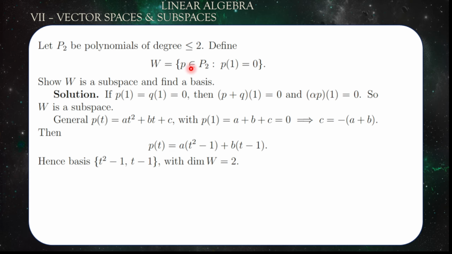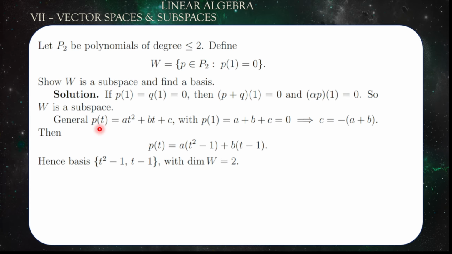If P(1) is equal to 0 and Q(1) is equal to 0, then (P plus Q)(1) is equal to 0, and alpha P(1) is equal to 0. Since P(1) is already 0, whatever you multiply by it also gives 0, so it is closed under scalar multiplication. Hence, W is proven to be a subspace.